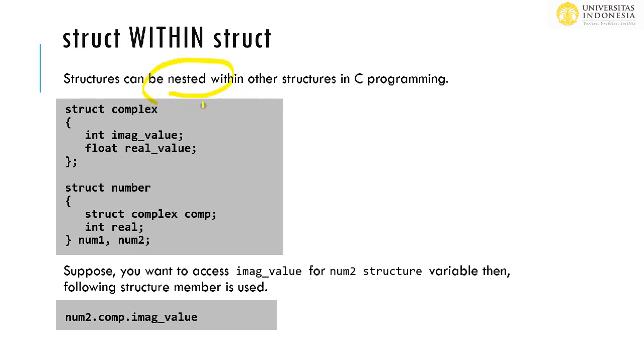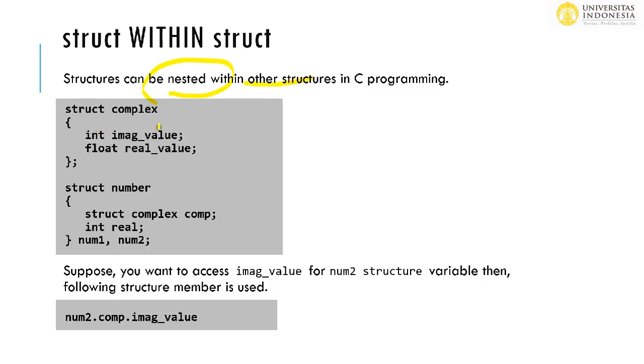So looping in a loop, and also another structure in a structure is quite common also. So you can make your program by constructing your structures inside another structures in C programming.